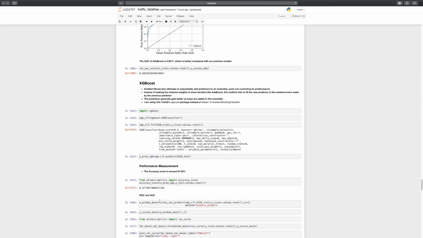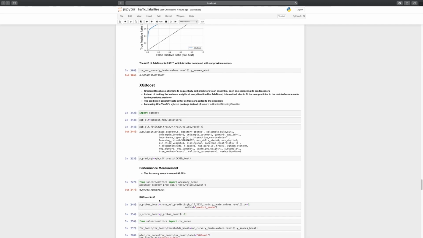And the next one is XGBoost. So how does XGBoost differ from AdaBoost? Gradient boosting attempts to sequentially add predictors to an ensemble, each one correcting its predecessors. So in that sense, this is a boosting method.